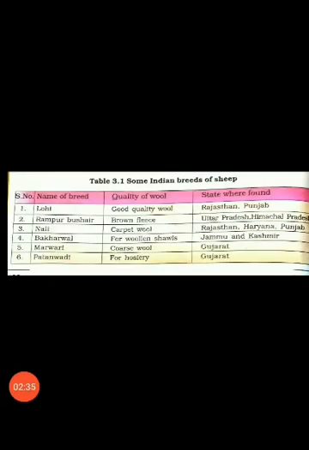For obtaining wool, good breeds are selected and reared. So let's see some Indian breeds of sheep: Lohi, Rampur Bushair, Nali, Bakerwal, Marwari and Patanwadi. These are the varieties of sheep which are reared in India to get wool.